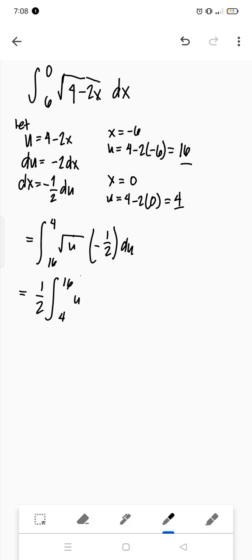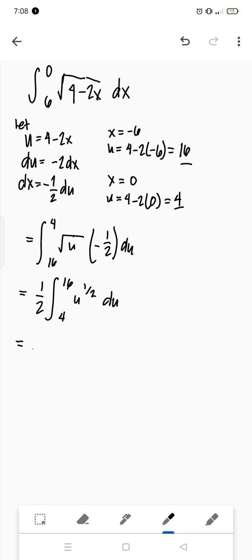So there's that, and u to the 1/2 du. Why 1/2? This u to the 1/2 is because of this radical sign.